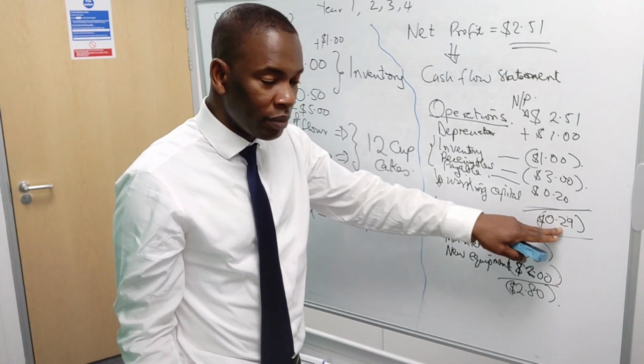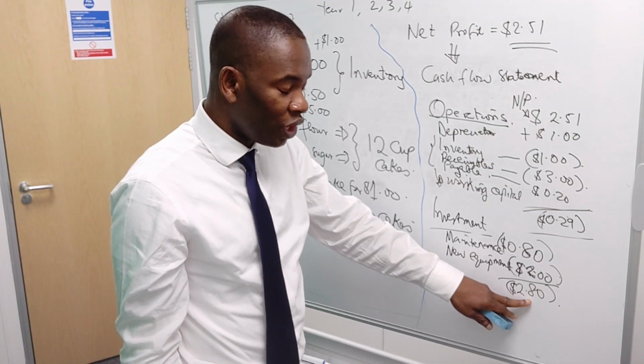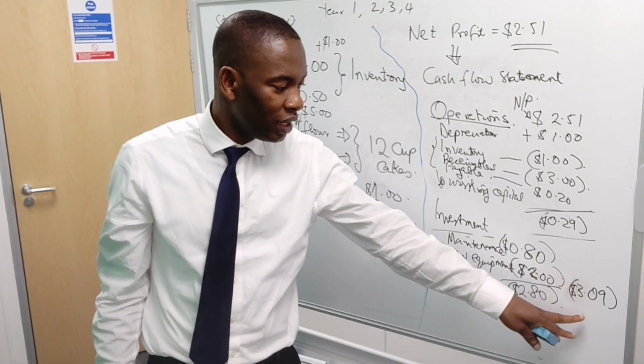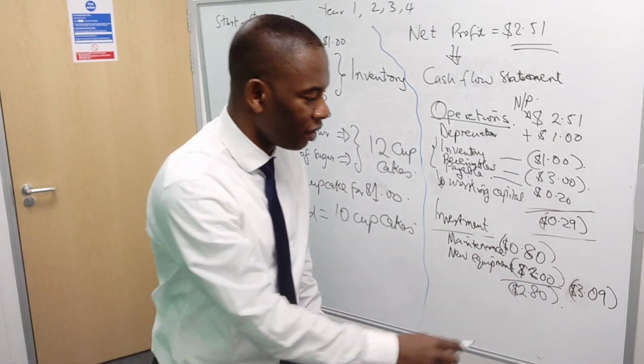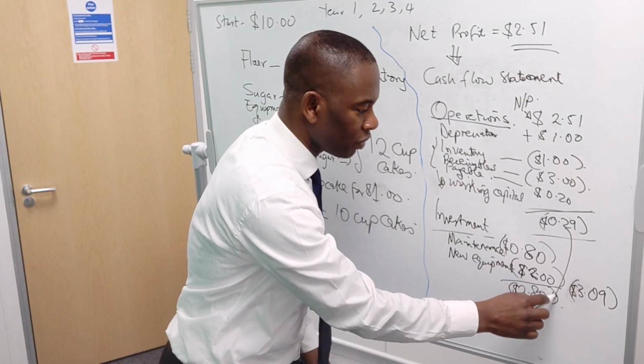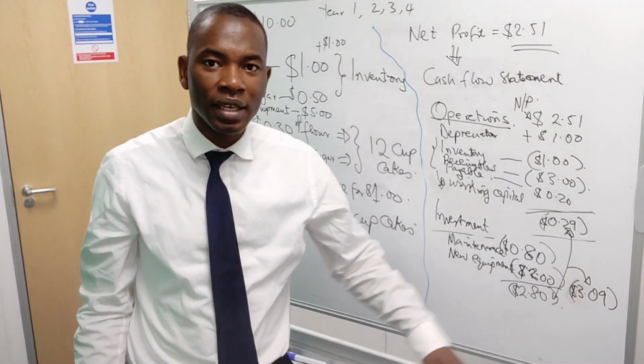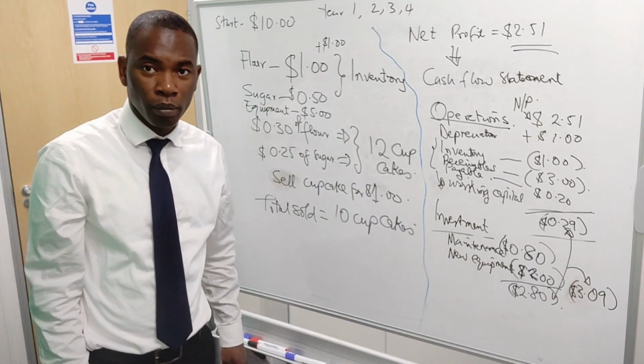Remember, you have not made money here, you have spent money here. So if you fuse those two together, you're going to be $3. So that plus that is going to give you $3.09 out of pocket.